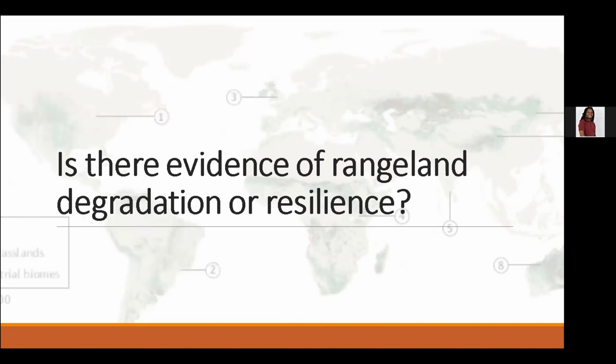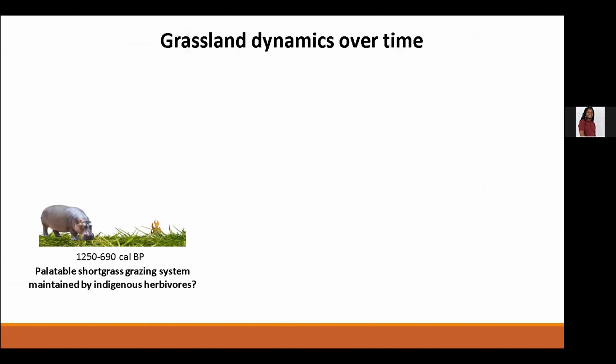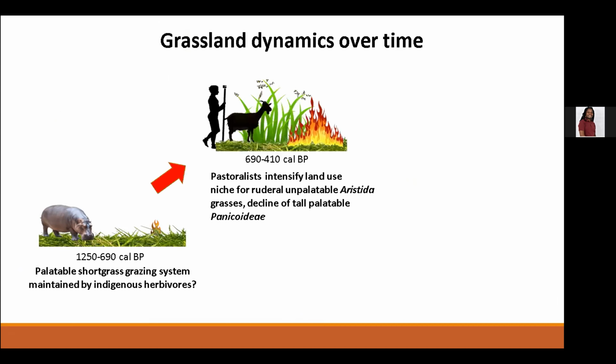And so the question is, is there evidence of degradation or resilience? For us to do this, we have to think about what has happened here. Zone phi 1, this is how the system has progressed, from a palatable short grass system. Then we suspect that pastoralists moved in and intensified land use by increasing fires.